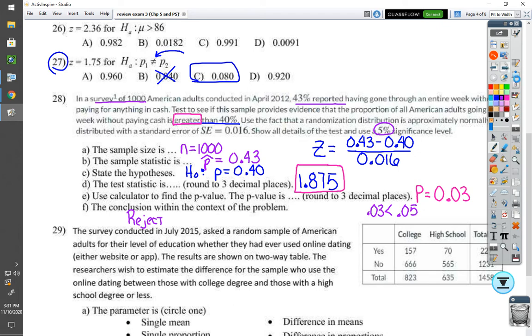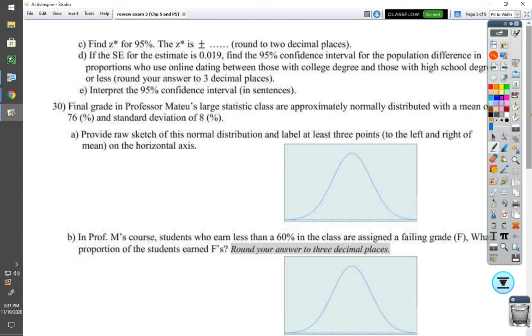We're going to go to number 30. It says, a final grade in Professor Mateus's large statistics classes is approximately normally distributed, that's important, with a mean of 76 and a standard deviation of 8, and they're measured in percentiles. Provide a raw sketch. Okay. First of all, the center is 76.